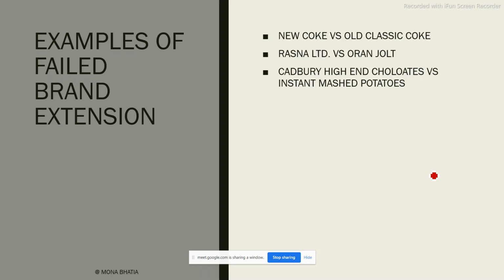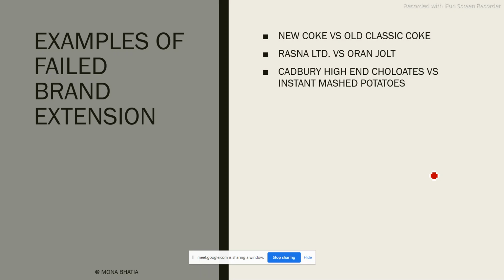Another third example here is Cadbury high-end chocolate versus instant mashed potatoes. Now you know that Cadbury's are into chocolates, and afterwards they thought they would have some extension. They started having instant mashed potatoes, which was a low-end food product.